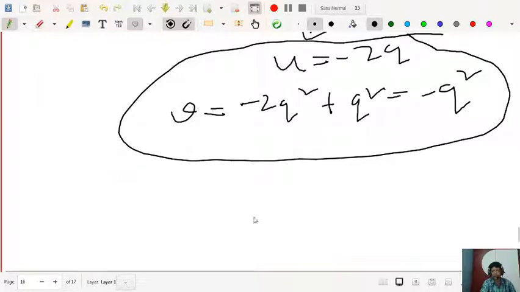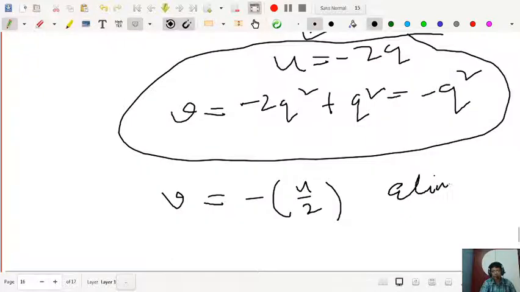So look at that, this will give you the singular solution if you can eliminate q. Yes, we can eliminate q from u equal to minus 2q, you can substitute for u. So v equal to minus u by 2, eliminating q between these two.